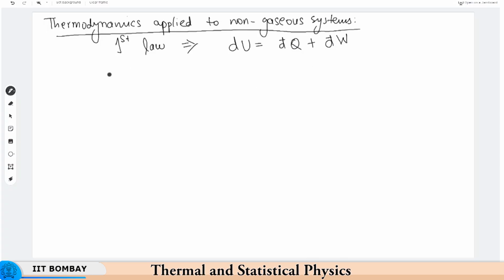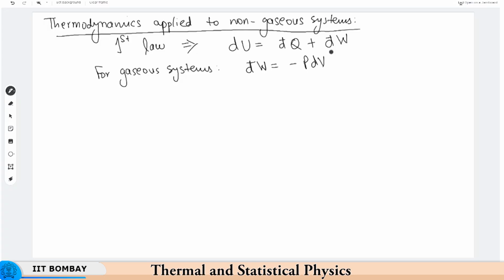And typically, for gaseous systems, this work we usually define as minus P dV, because the gas has a pressure and a volume, and the work done is given by the pressure times the volume change.